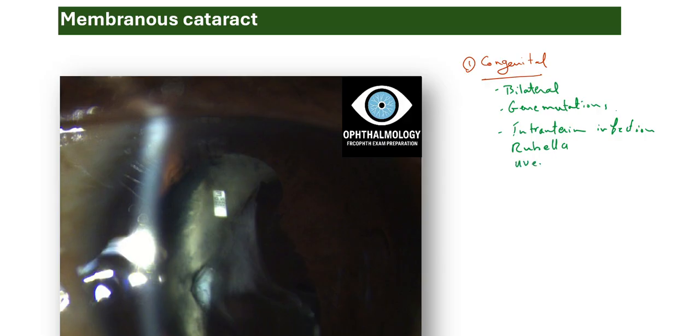So, membranous cataract is a form of congenital cataract which is bilateral, and there are several gene mutations being investigated to be involved, and was linked to intrauterine infection, intrauterine rubella, and intrauterine uveitis.